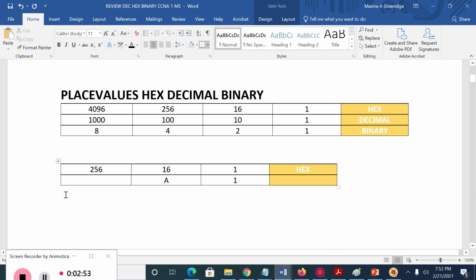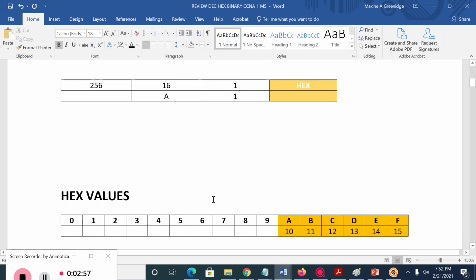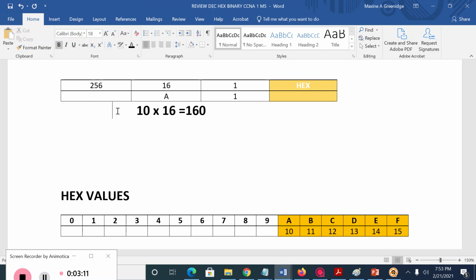So now we just have to multiply the values. And A in hexadecimal, if we see it right here, is a 10. So 10 times 16 is what we're going to do here, and that's going to give us 160. And then over here, the value is 1 and the place value is 1.